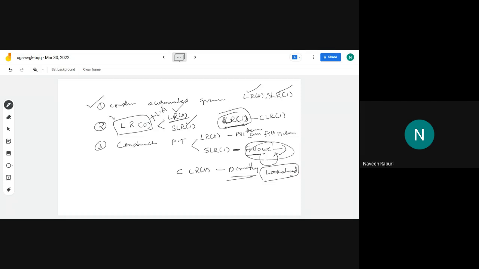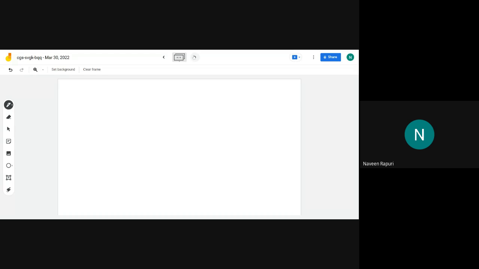For constructing LR0 items, we are using closure and goto functions. So this is the way of constructing the CLR1 parsing table. If you see LR0, SLR1, LALR1, and CLR1, CLR1 is the most powerful parsing algorithm compared to all other bottom-up parsing algorithms.